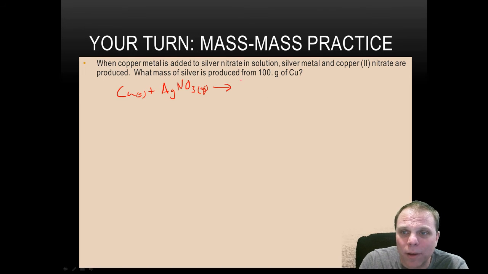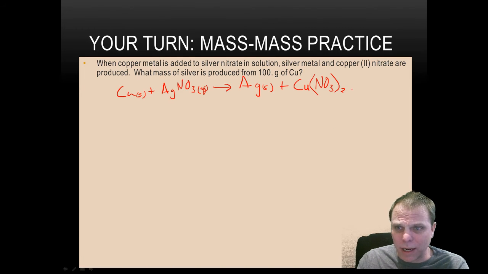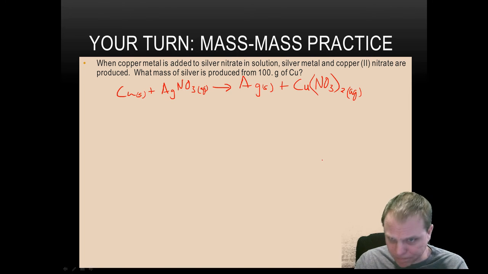The silver metal as a solid is going to come out, and then you're going to have the copper 2 nitrate. Copper 2 means it's got a 2 charge, so that's got to cross down. Copper 2 nitrate as a solution is produced.